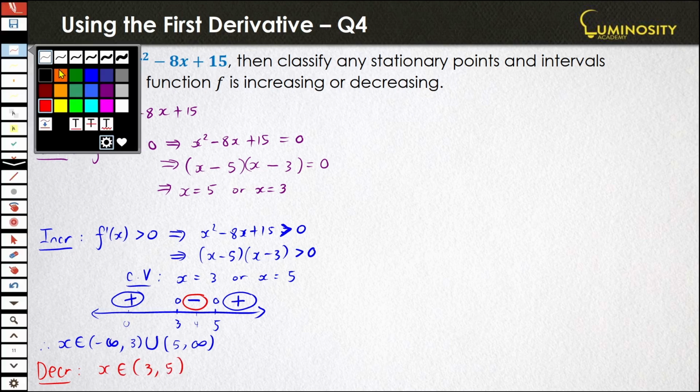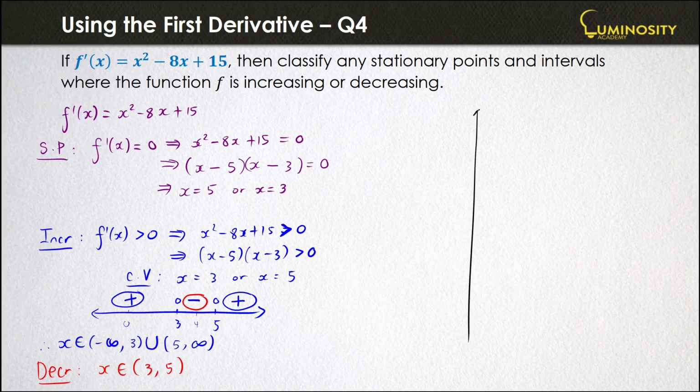Okay. So if again we wanted a rough idea of what this would look like, here's our xy plane. At x equals 3 and x equals 5, on these lines here, those are going to be stationary points. So in terms of a cubic, they're most likely going to be turning points. And we know that from negative infinity to positive 3, the graph is increasing.